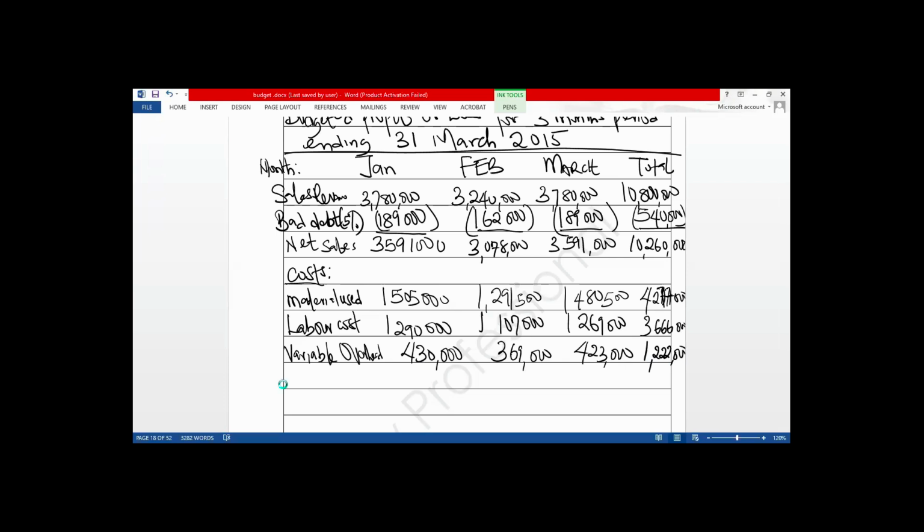The fixed overhead cost is 200,000, including depreciation.